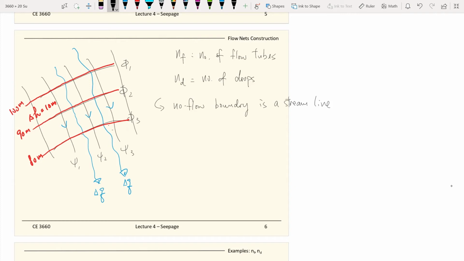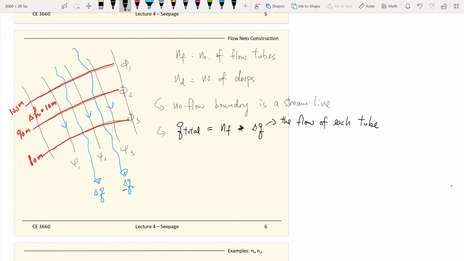And also the total amount of flow, so the Q total will be equal to the number of flow tubes times delta Q. So delta Q here is the flow of each tube.